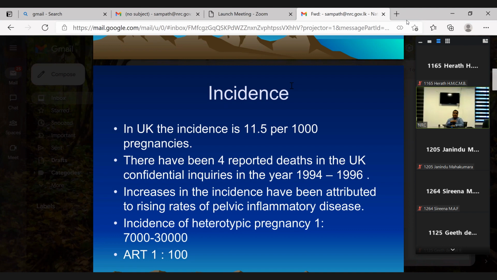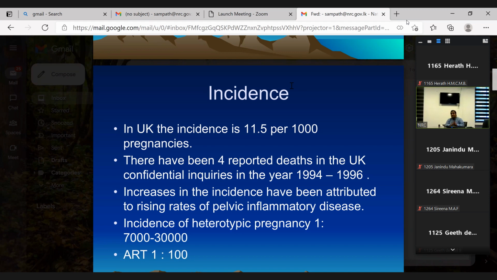There have been increasing incidents attributed to young girls having multiple partners, with these relationships ending up in tubal disease, pelvic inflammatory disease, tubal adhesions and ectopic pregnancy. On top of that, many women take treatment for infertility, so there is a very high risk of ectopic pregnancy.